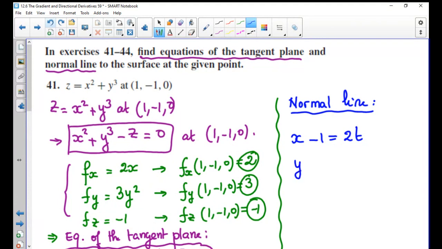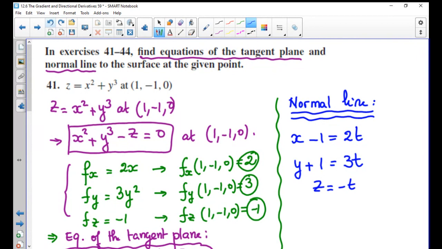And then y plus 1 equal to 3t. And finally, z equal to minus t, and that will be the equation of the normal line to the surface.